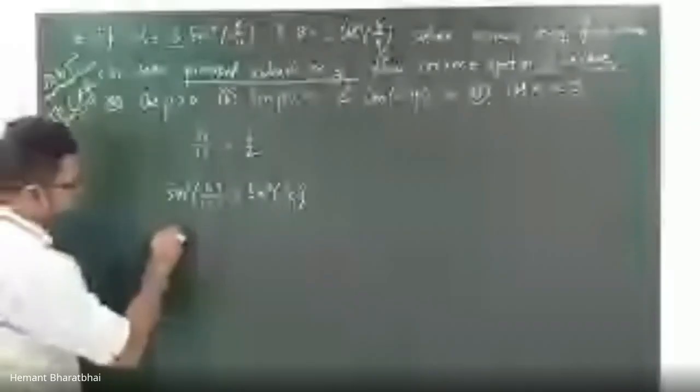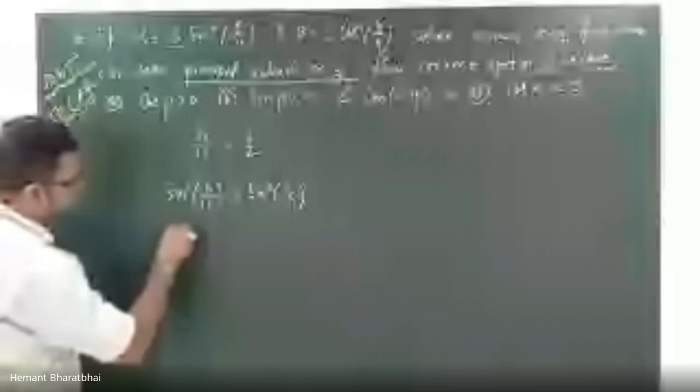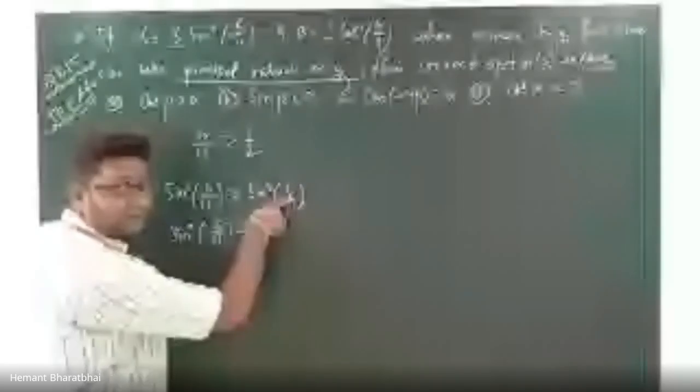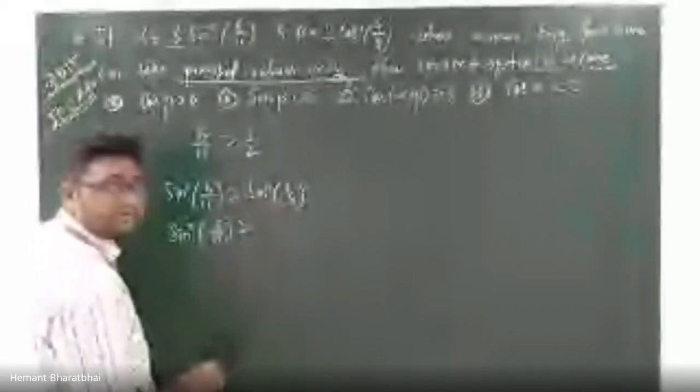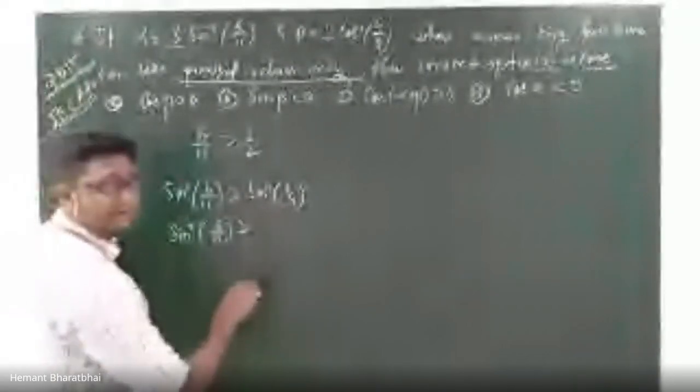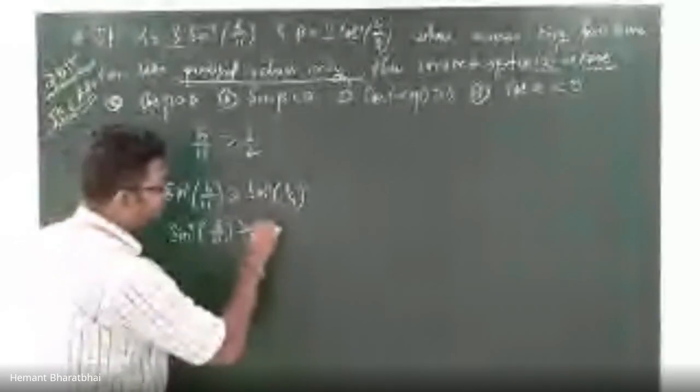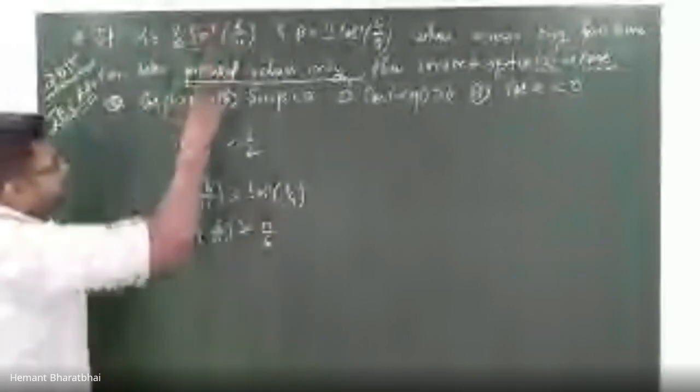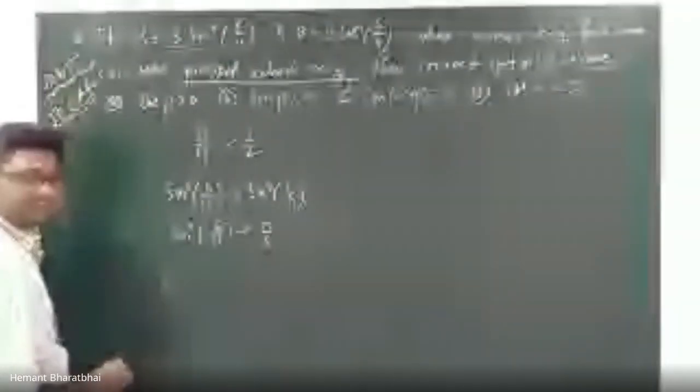Next, here it is written 3, so I'll multiply by 3. Before that, sine inverse of 6 by 11 is greater than sine inverse of 1 by 2. Sine inverse of 1 by 2 will be how much? 30 degrees, right? 30 degrees means pi by 6. Next he is saying 3 sine inverse of 6 by 11, so I multiply by 3 on both sides.